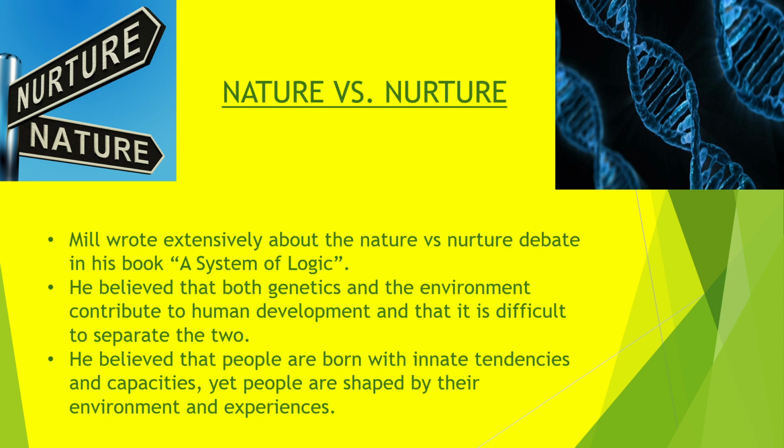He thought that there was capacity in terms of your innate abilities, and then there were experiential events that combine in their own way, often really undefinable, to produce a specific personality trait, characteristic, or ability.